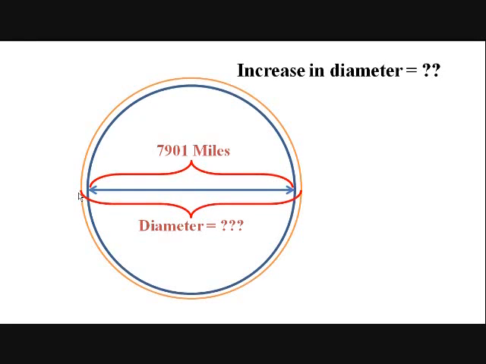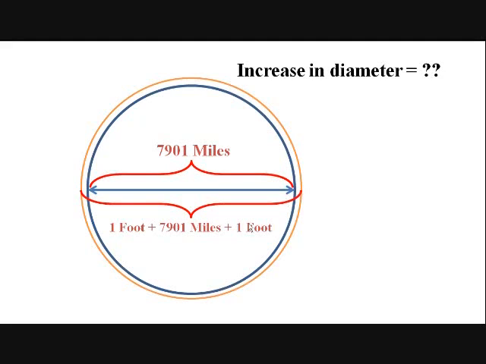The first thing I notice is that we have 1 foot here on the left, and then we go 7,901 miles all the way across the Earth through the center. And that 7,901 miles is common to both the larger diameter and the smaller diameter, right? Because they both have to encircle the Earth. And then, of course, we have 1 foot here on the right.